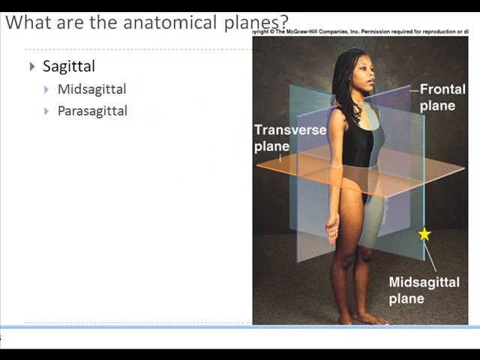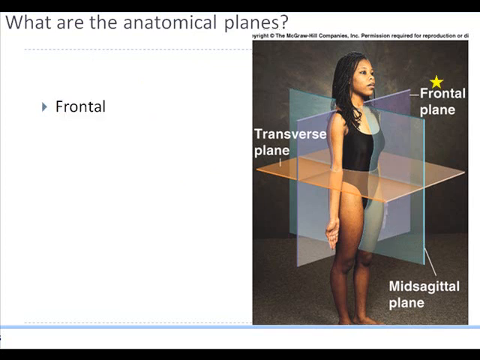Okay. Another one we want to look at is the frontal plane. Frontal will usually divide anterior and posterior for humans. For example, this would be the frontal plane. So when you divide the body with the frontal, you will have the front, which would be the anterior, and then you would have the back, which is the posterior.